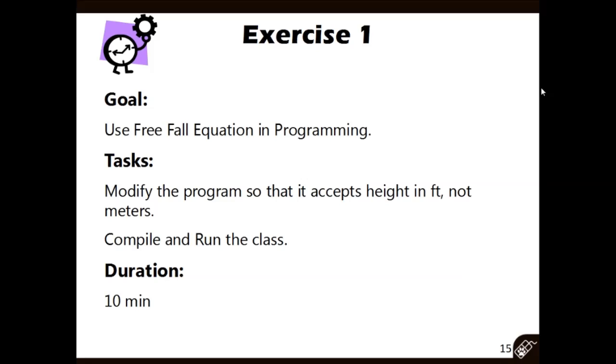We have gone through that briefly during the presentation. So grab that information, make the appropriate change to the Java program that we worked on together, run it and see if it makes any difference. It should only take about 10 minutes.